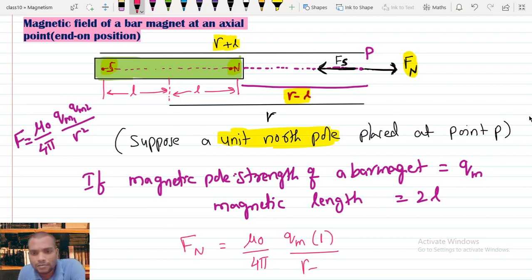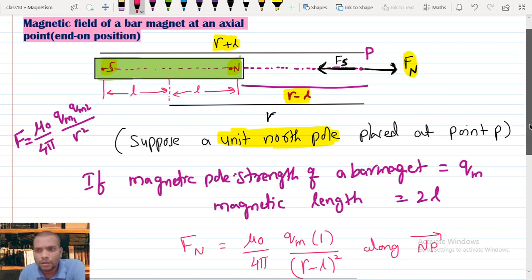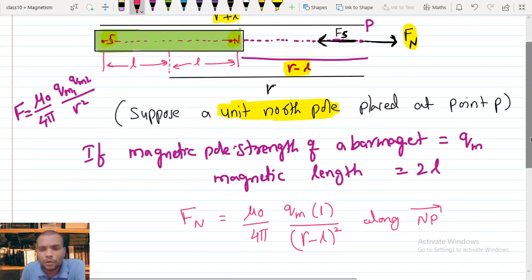So here the distance square equals r minus L whole square. So that is the magnitude of the force. And the direction is along, I can represent that as N to P direction, north pole of the bar magnet to the point P in the same direction.